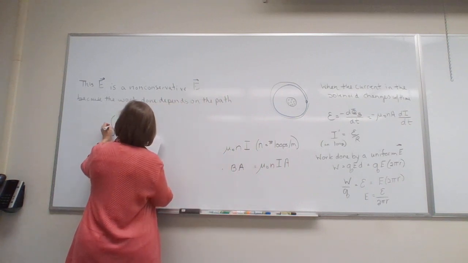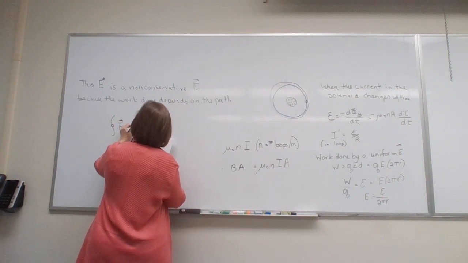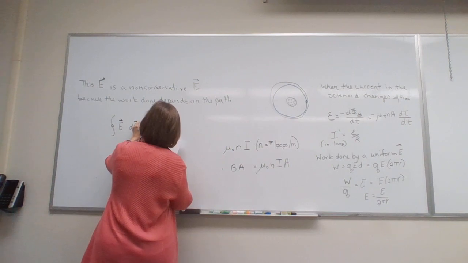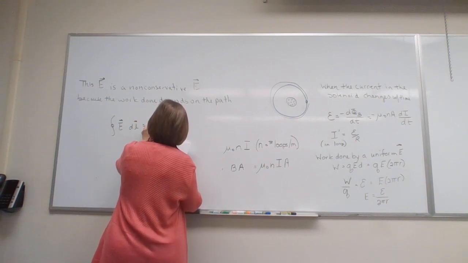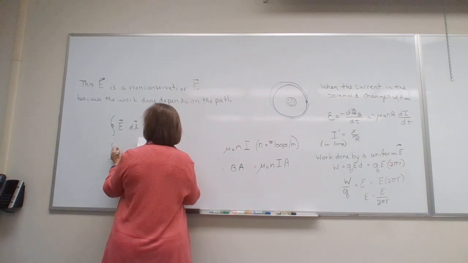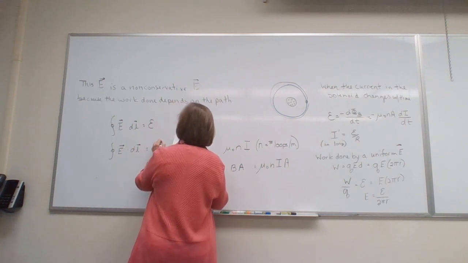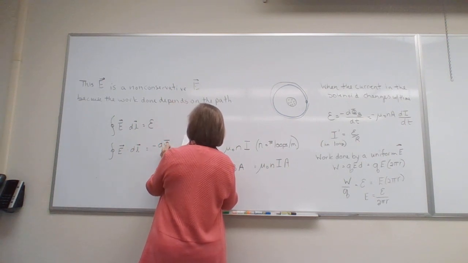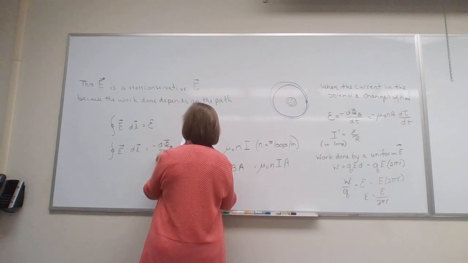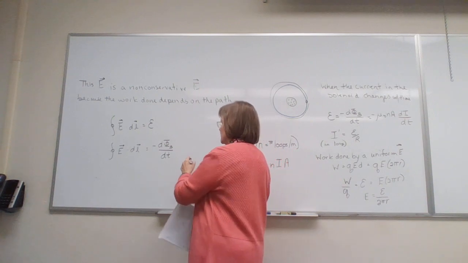If we take that and we go electric field and we integrate all the way around, that is our EMF. Or that has to equal the derivative of the magnetic flux.